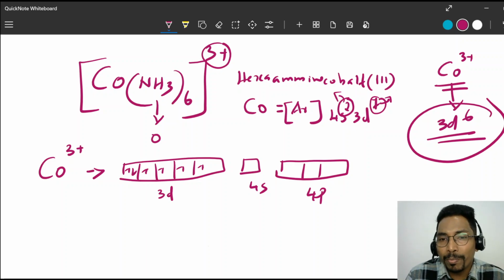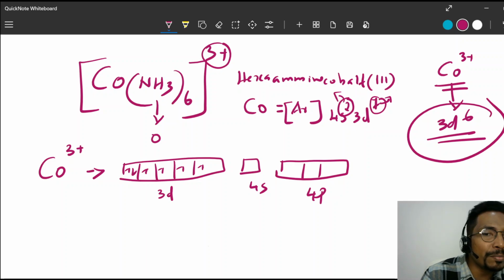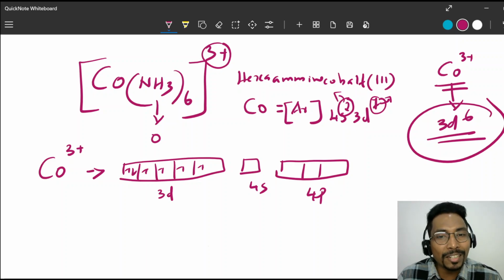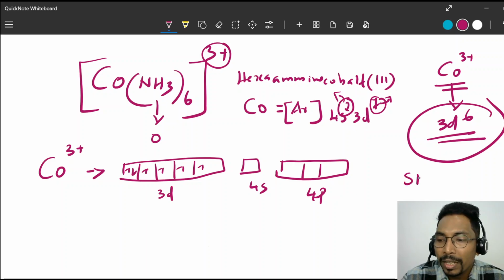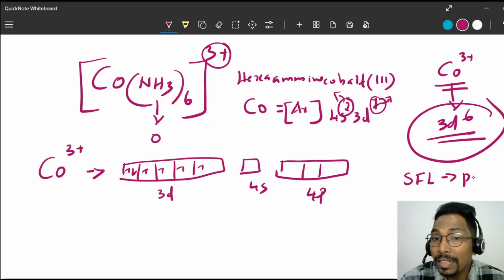One more very important thing: you have to check whether the ligand is a strong field ligand or a weak field ligand. There are two types of ligands based on field strength. If it is a strong field ligand, it will induce pairing.